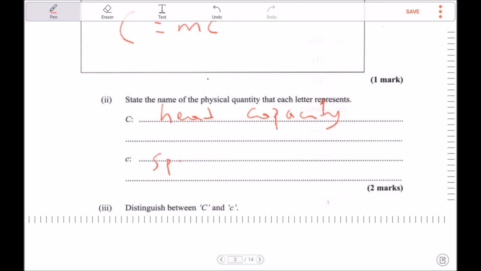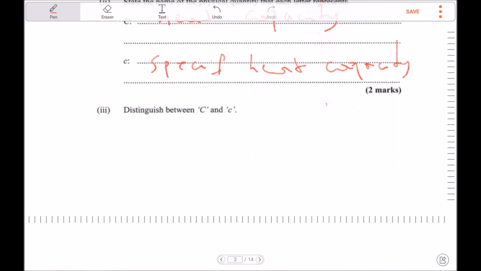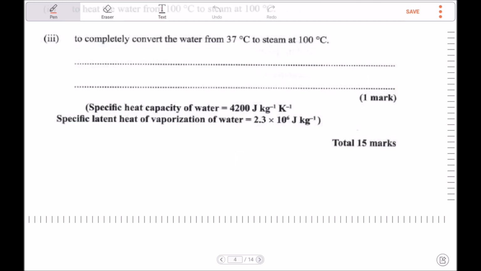Small c, specific heat capacity. So distinguish between the two. It's just asking you to define heat capacity and specific heat capacity. You can just Google that. So let's see our next question.